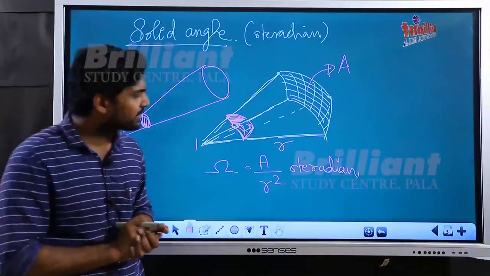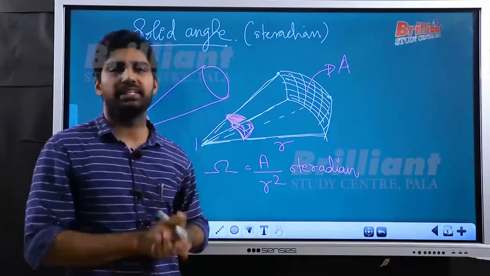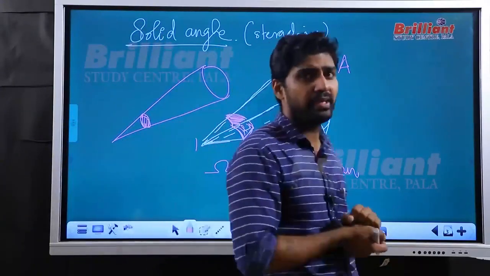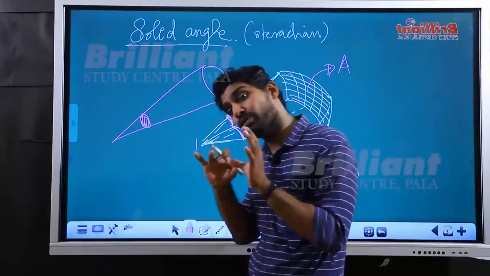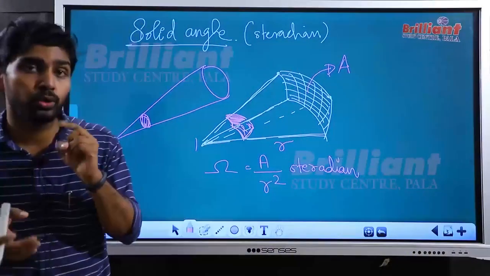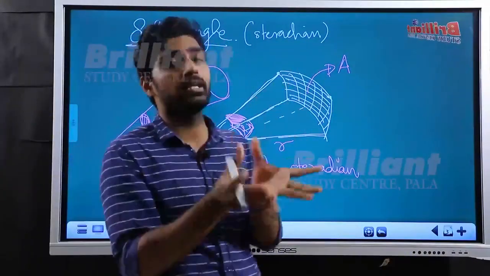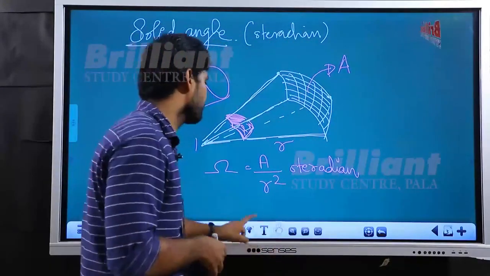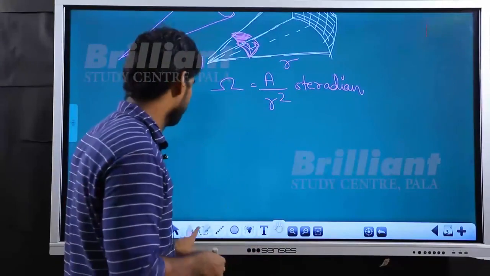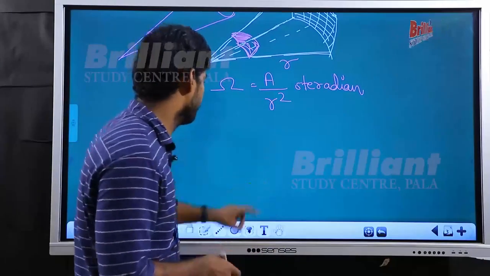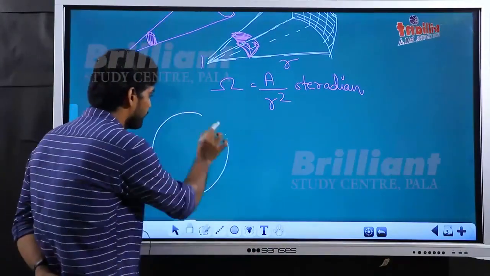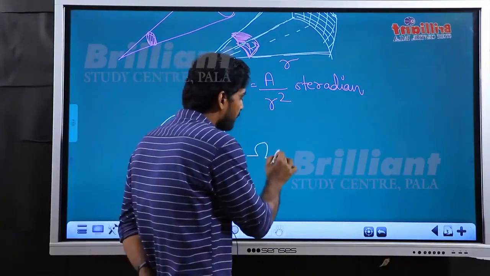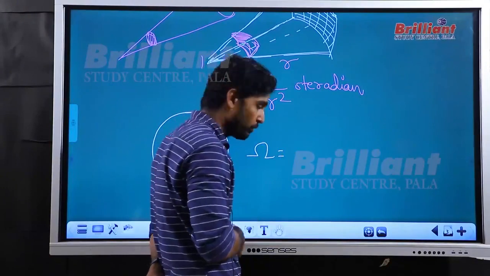I will have to keep one more thing in mind. What is the solid angle if it is a full sphere? Like in plane angle, we have seen what is the plane angle corresponding to a full circle. It was 2 pi. How did we get that? The total arc length of the circle divided by r. Here, what is the solid angle corresponding to a full sphere?